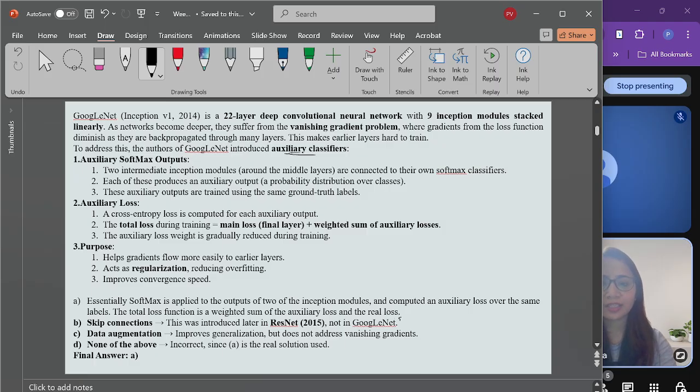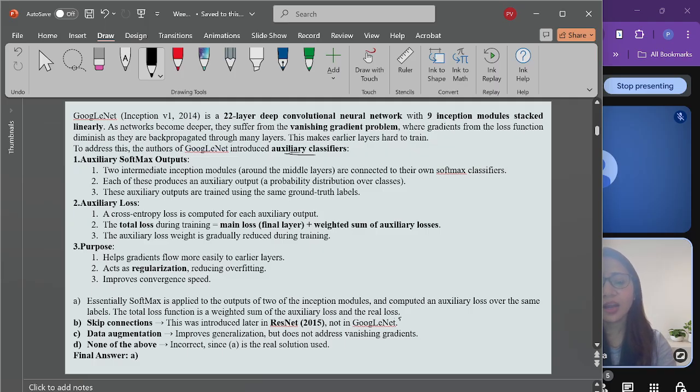Option B is about skip connections. The skip connection module was introduced in ResNet, not in GoogleNet, and ResNet was introduced in 2015, after GoogleNet.